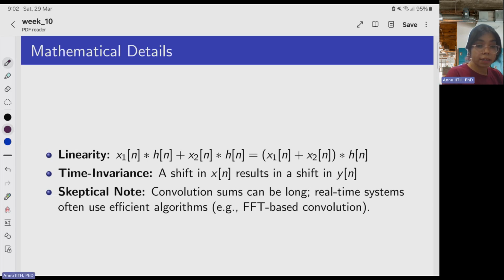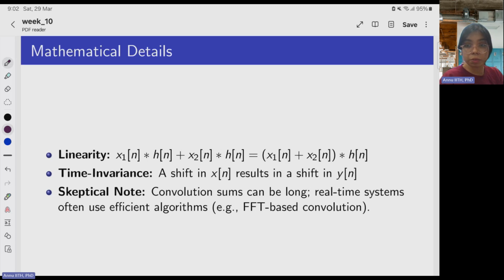So we have time invariance and skepticism notice: convolution sums can be long, and real-time systems often use efficient algorithms like FFT based convolution. So we have shifting x of n results in a shift in y by n.